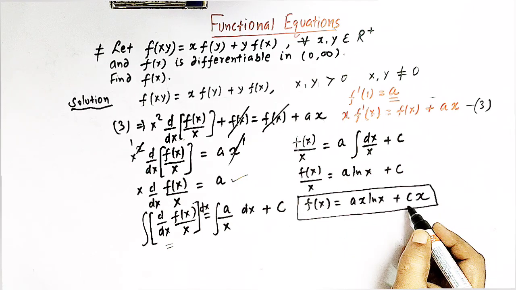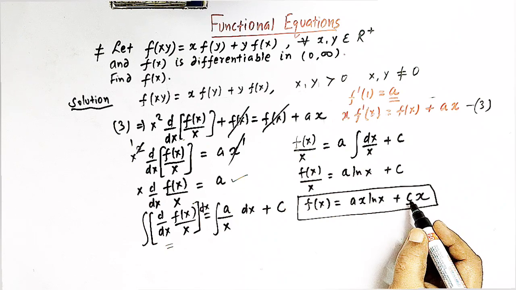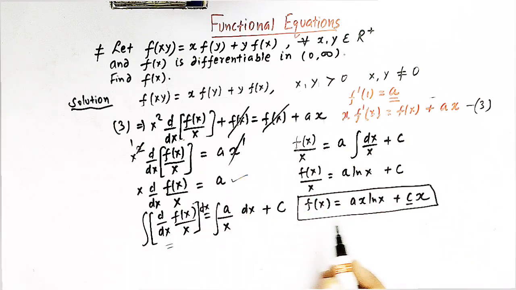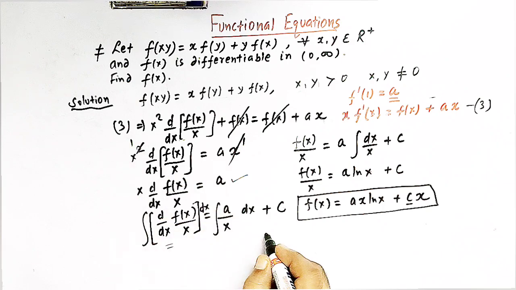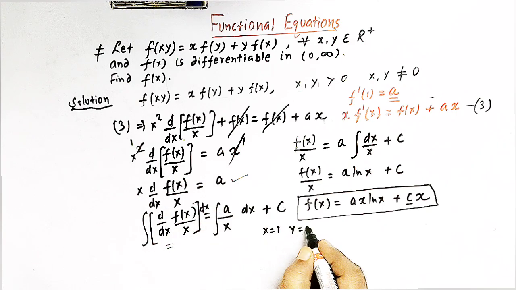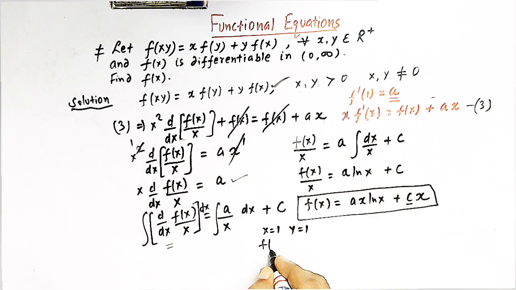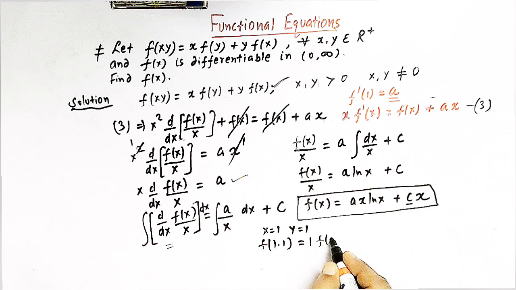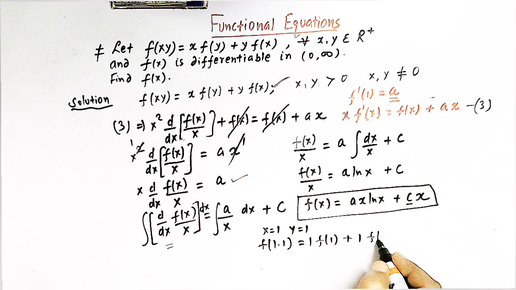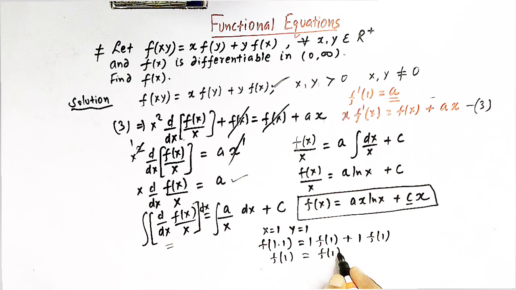So now let us find out the value of this constant of integration c by using some initial condition. So from the given functional equation, we can write, if we take x is equal to 1 and y is equal to 1 in this equation, then we have f of 1 times 1, then we have 1 f of 1, and then we have 1 f of 1. So this is simply f of 1, this is f of 1, and this is also f of 1.